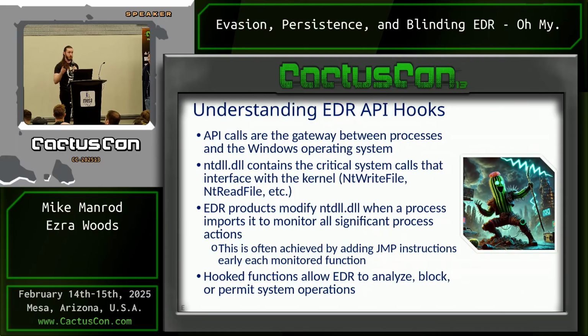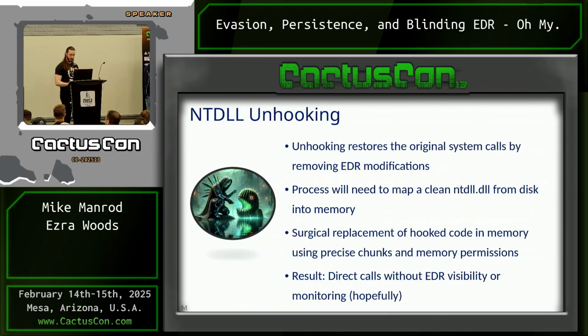EDR products, to monitor that, when a process imports ntdll, will modify each function in that DLL to add a jump to it, so that when a function is called, it'll send information to the sensor or agent or whatever you have running. So hooked functions allow EDRs to analyze, block, or permit the calls that you make to them after they place those jumps in there.